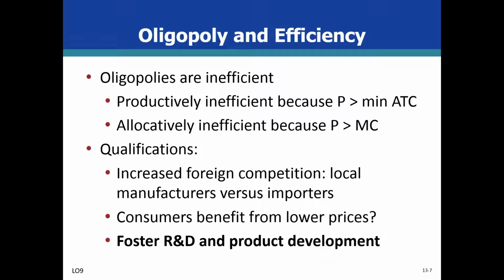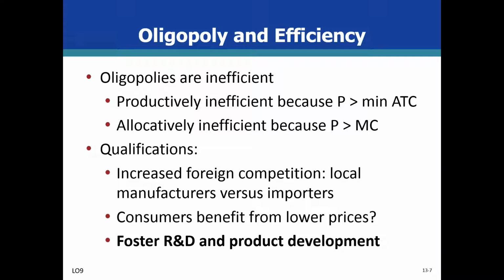Yet, on the positive side, oligopolists have large economic profits from which they can fund expensive research and development and product development. This can provide better products, more alternatives, and lower costs over time. So this is one of the key benefits that are cited and one of the key differentiators here of oligopoly. They are inefficient by those economist measures that we have learned.